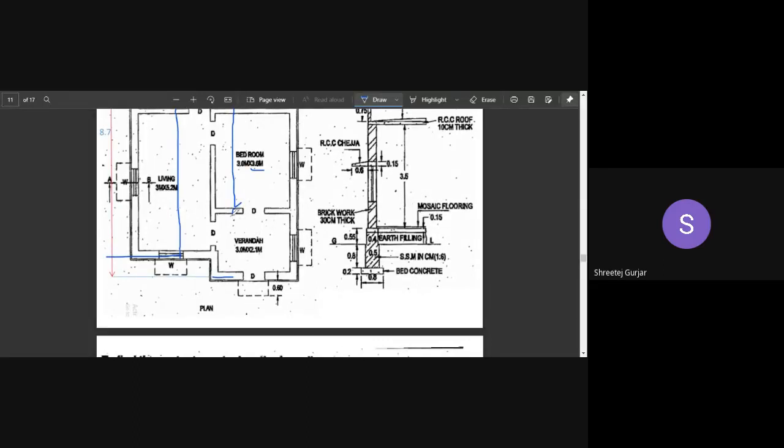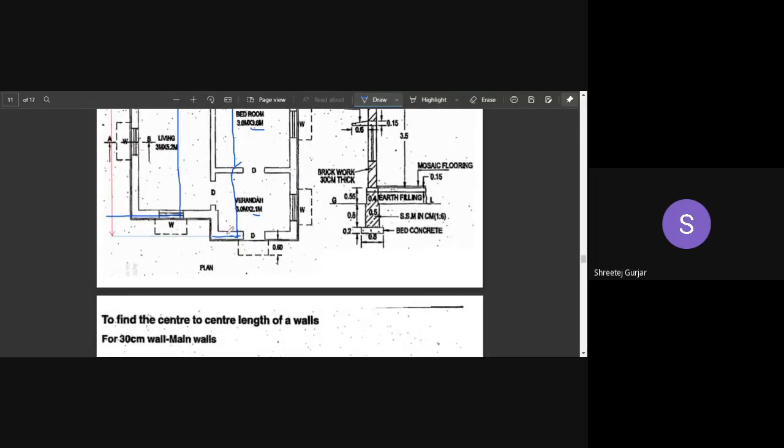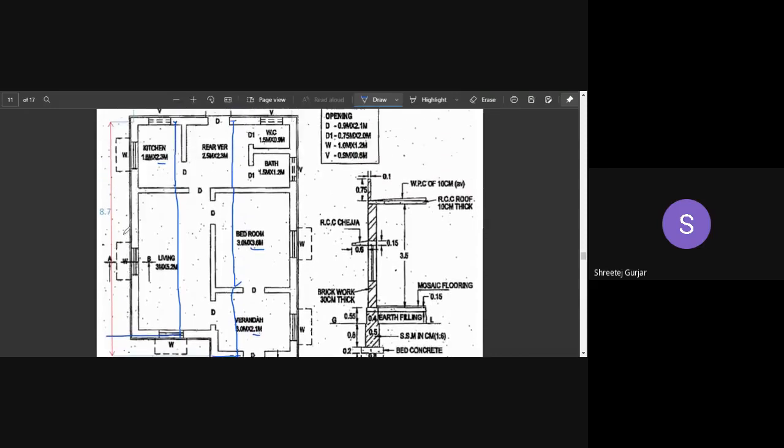Then veranda length is 2.1. Then half of my wall thickness. So after adding all of these lengths from here to here, I will get the center to center length as 8.7. Okay, 8.7. So that is your second step, and that we name it as L2.